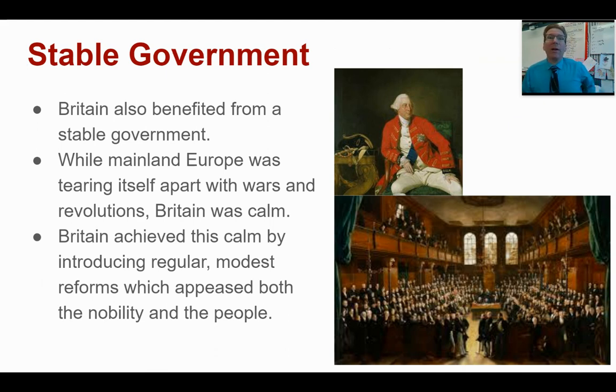Additionally, during a period of remarkable instability in Europe itself, Britain was stable. So as the French Revolution is going on and as absolute monarchies are competing with revolutionary ideas throughout Europe, Britain has kind of figured out how to walk this middle line. They achieved this by really instituting regular but small reforms.